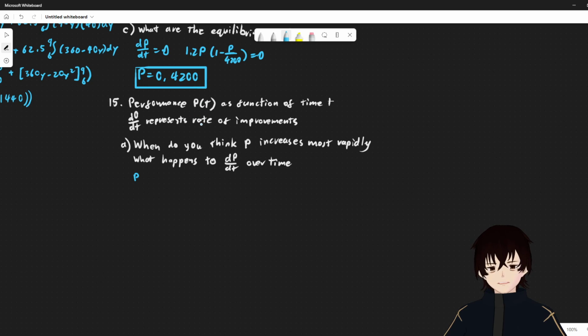If I were to talk about learning, I'd say performance would look something like this, where this is performance and this is time. You get stuck at the front with a little learning curve, then suddenly you get good at it, and then you're just proficient at it.